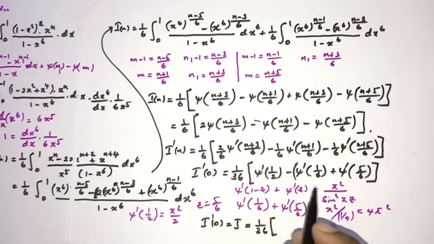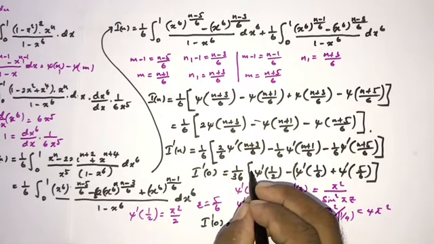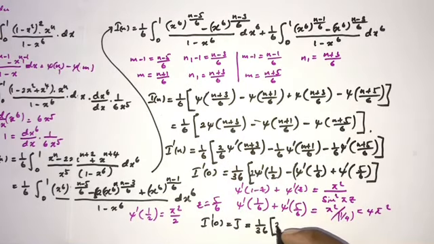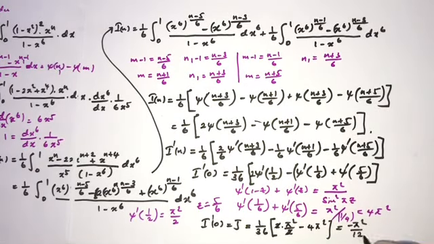So here we have 2, so 2 times pi square over 2, then minus 4 times pi square, and here this 2 gets cancelled. Pi square minus 4 times pi square, we know minus 3 times pi square, and 3 gets cancelled, so minus pi square over 12. Okay, this is the answer for this integral.